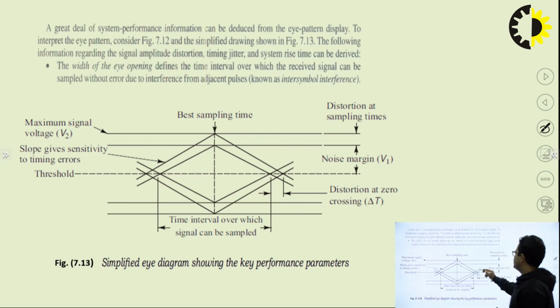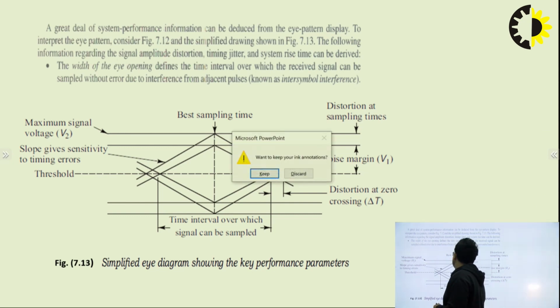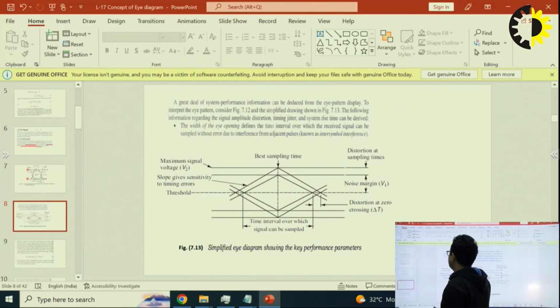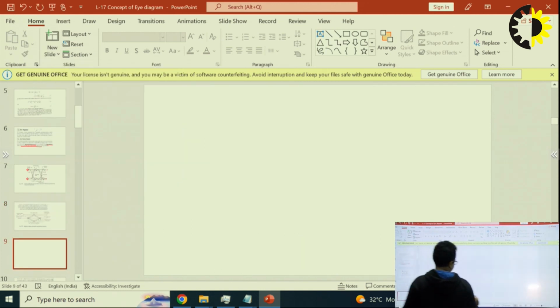Now before moving into details about this, let us visualize how we are drawing this eye diagram. Let us take an example. Suppose that I have an NRZ bit pattern having a series of zeros and ones.